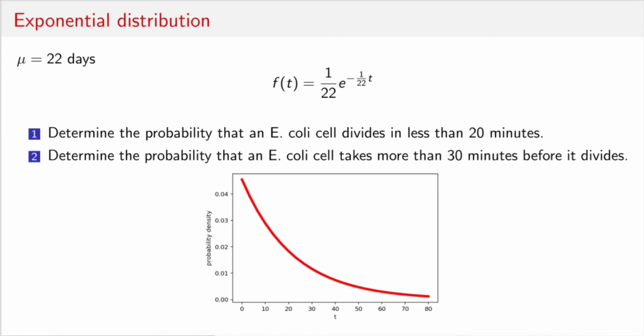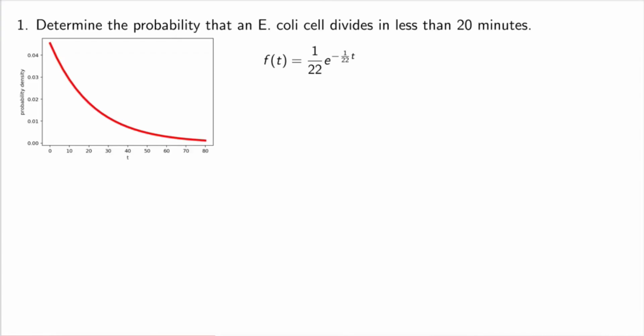Now I'd like to answer two questions. Determine the probability that an E. coli cell divides in less than 20 minutes. And secondly, the probability that an E. coli cell takes more than 30 minutes before it divides. First question, divides in less than 20 minutes. So what we have to do is find the probability that 0 is less or equal t less or equal 20.